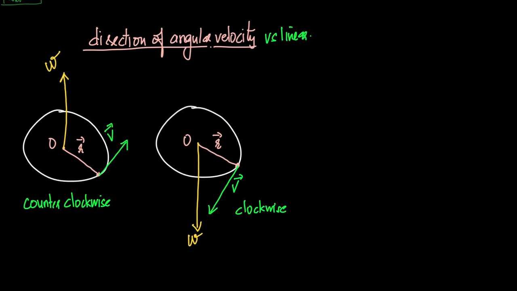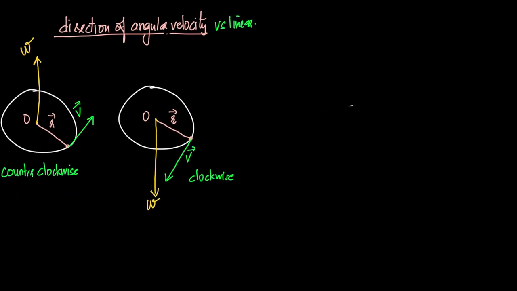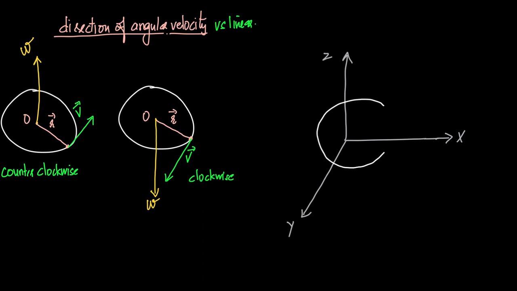So say we represent these coordinate axes like this, say x, say y, and say z, and this is how the circular motion is taking place.